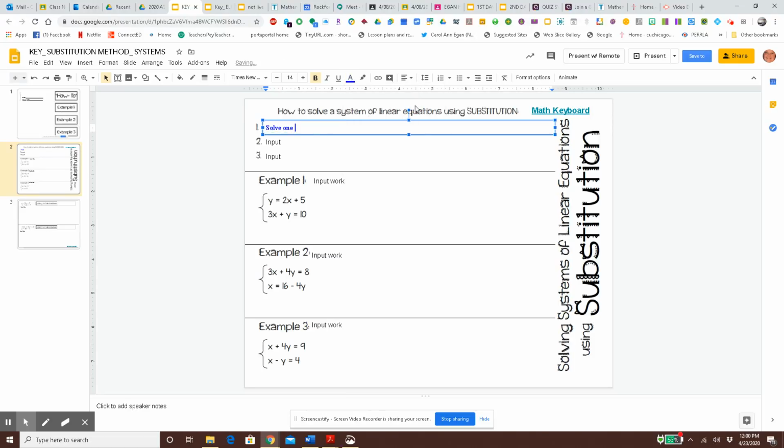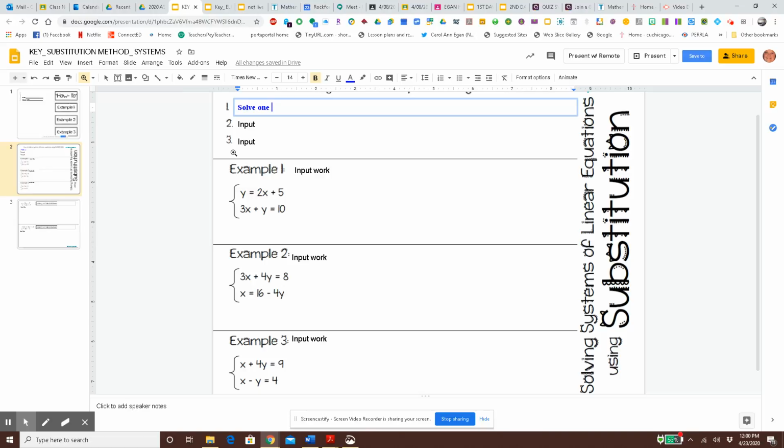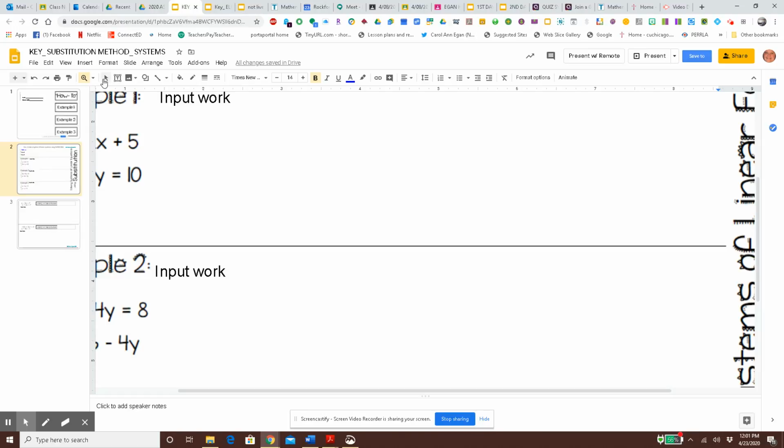We want to solve one of the equations for one of the variables.